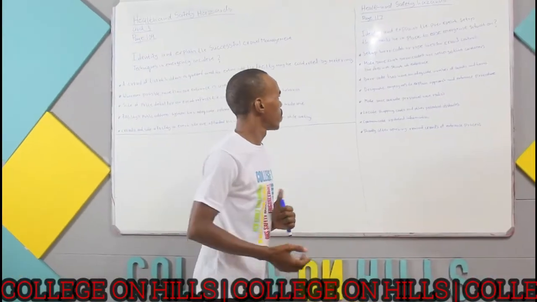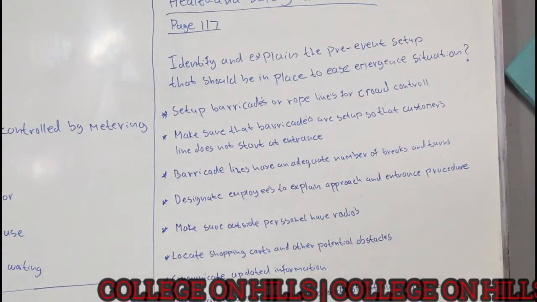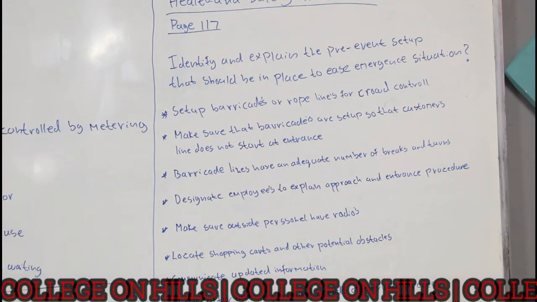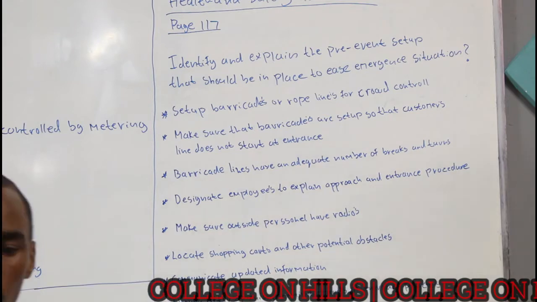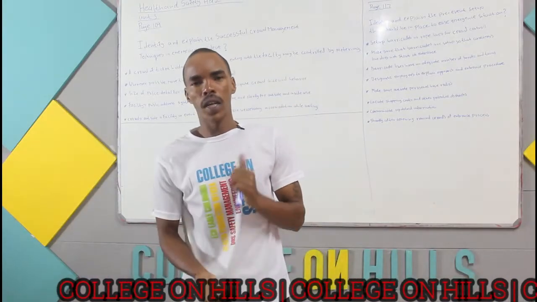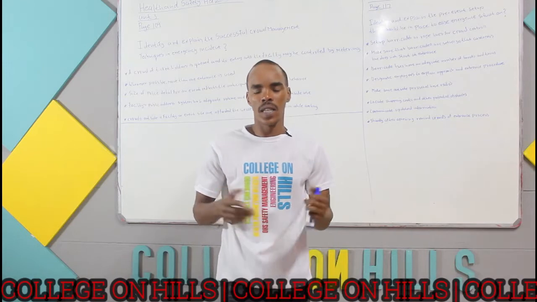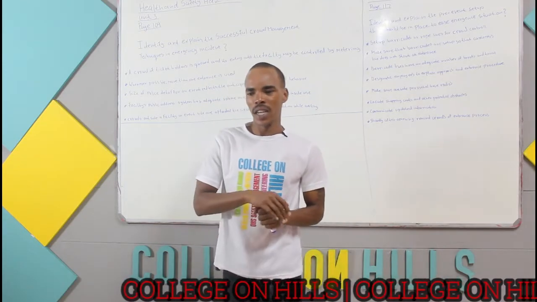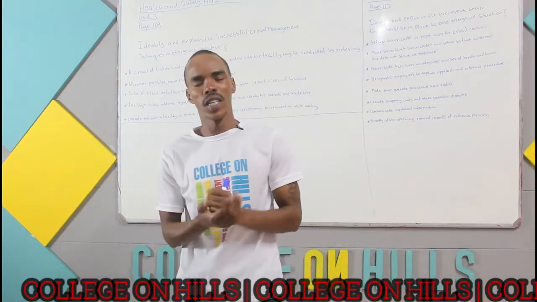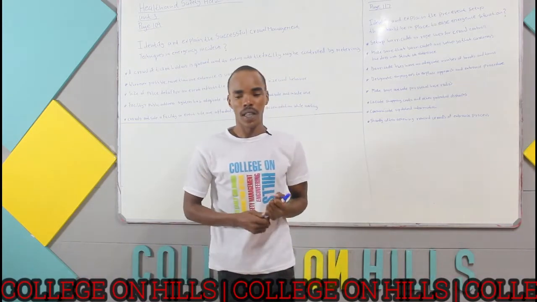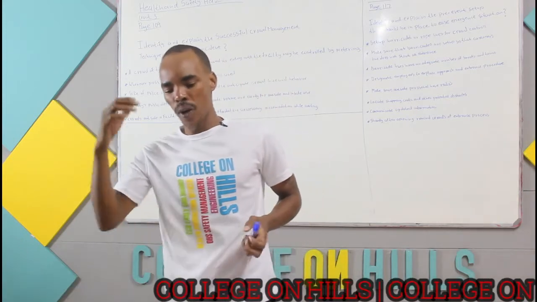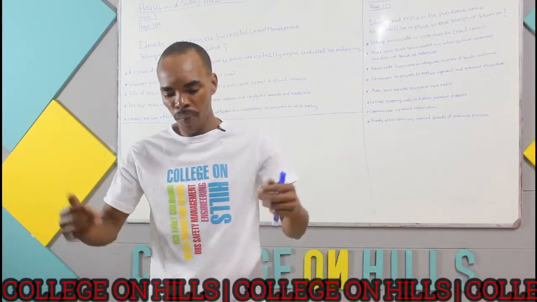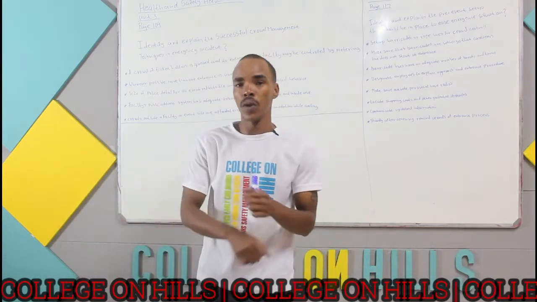Pointer number 2: make sure that barricades are set up so that the customers' line does not start at the entrance. True. We should not set up our barricades straight at the entrance because it might cause a lot of conflict and people might end up getting hurt. The barricades should be a few meters away from the entrance.